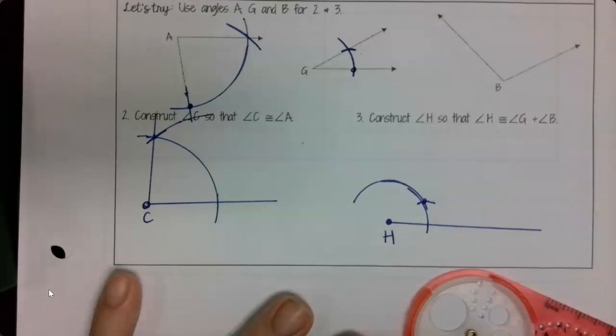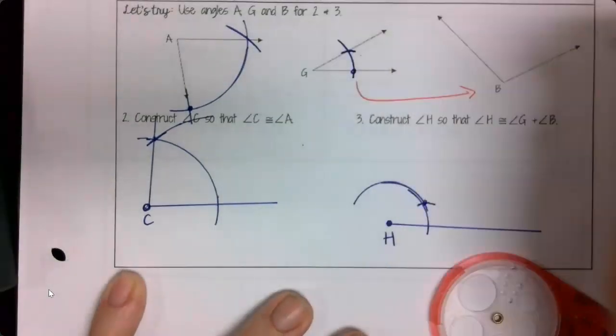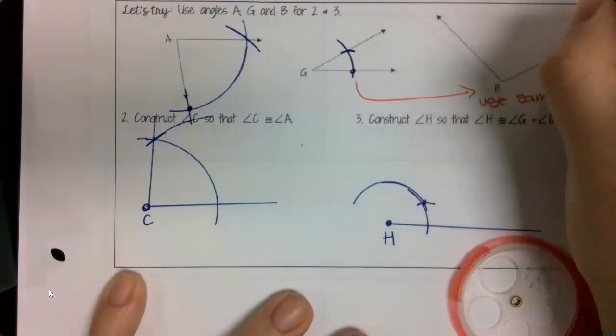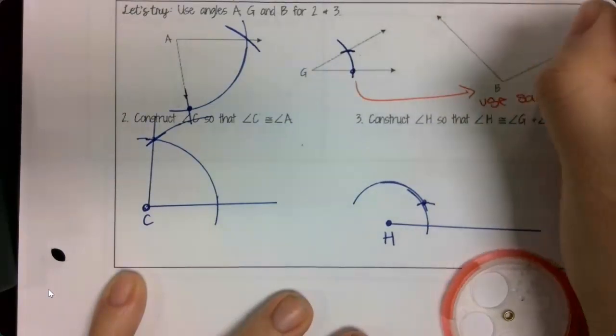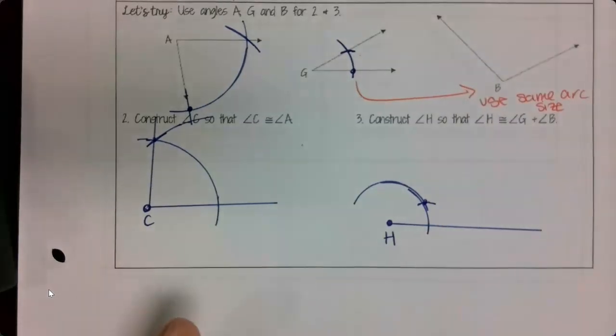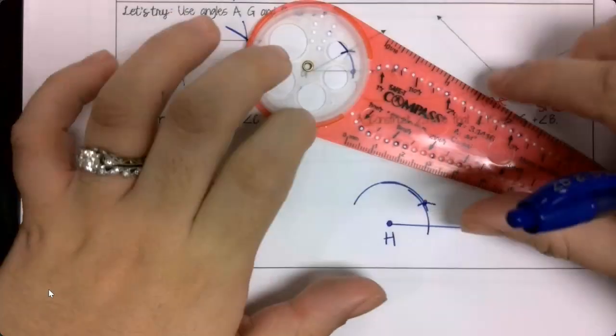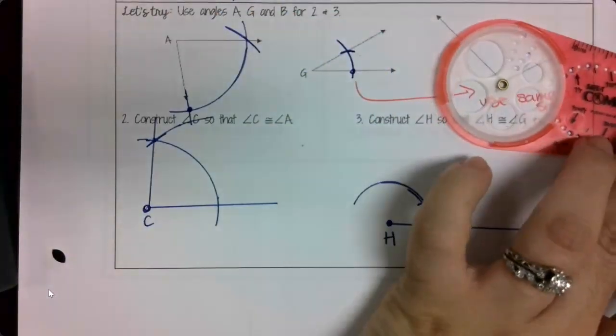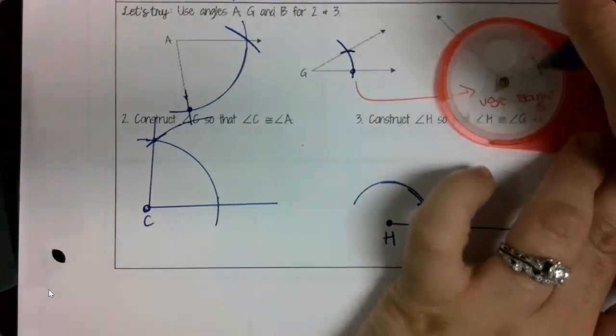Then when I go to B, I want to use the same arc size as I used for G. So if I need to, I can go back and remeasure that, draw that arc again.